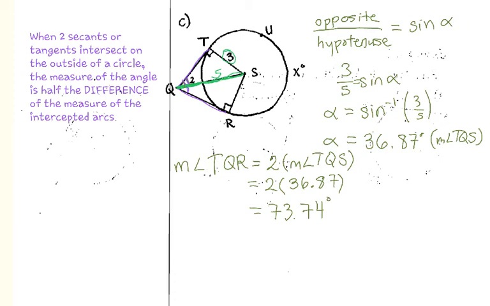This angle is equal to half the difference of the intercepted arcs.